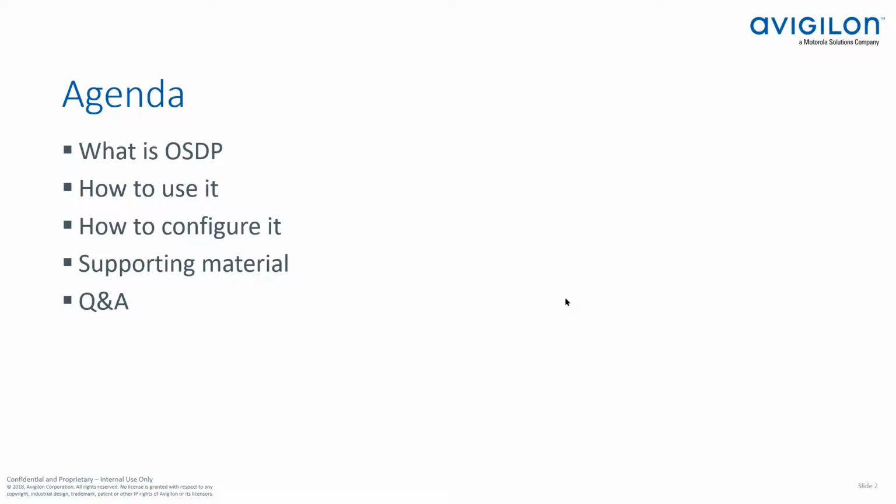So the agenda for today: what is OSDP, how to use it, how to configure, we have some supporting material, and also questions and answers. So a couple of things here. In the webinar tool, you have handouts. There are about 4 documents in there that you can download if you want to. It's the presentation itself, the one that we're using here.